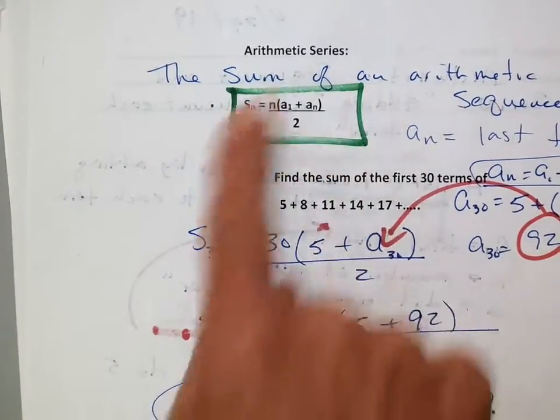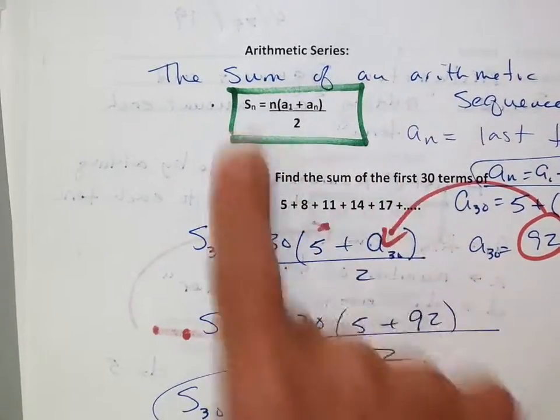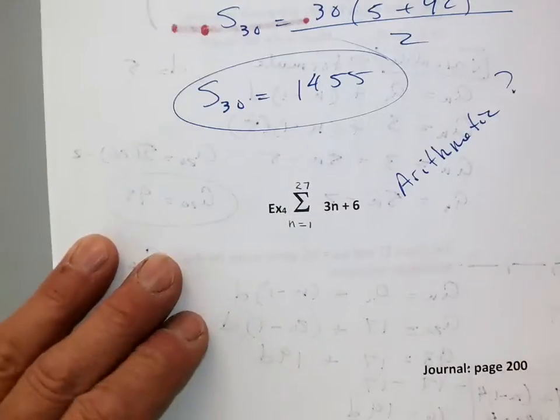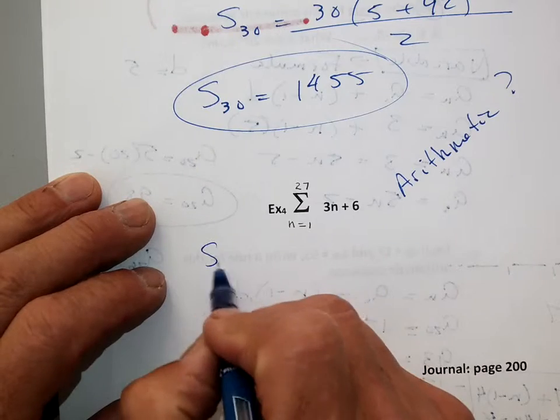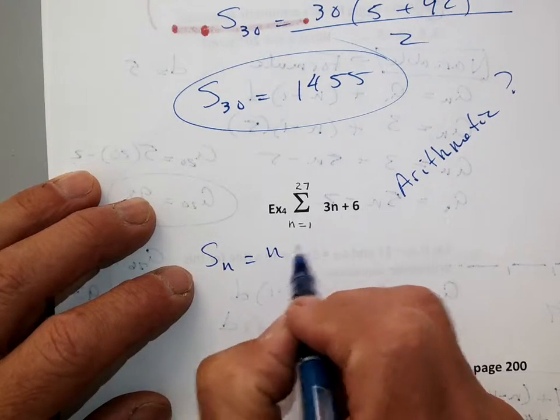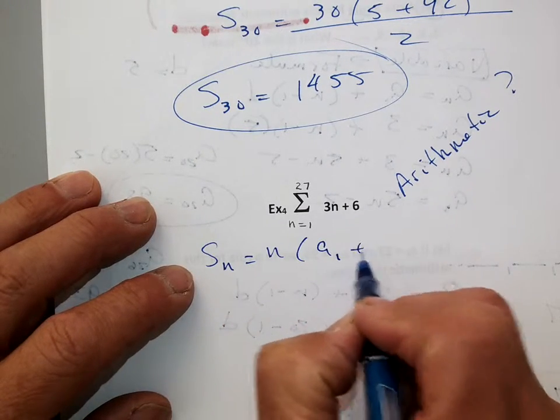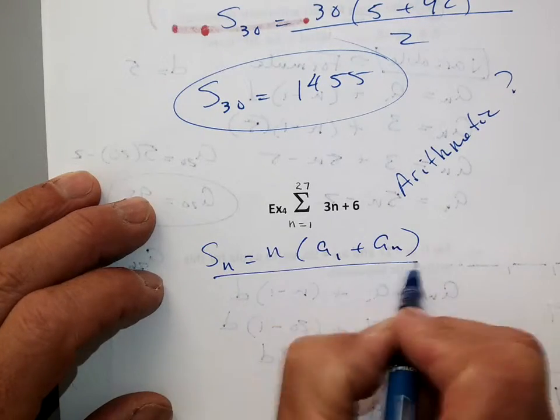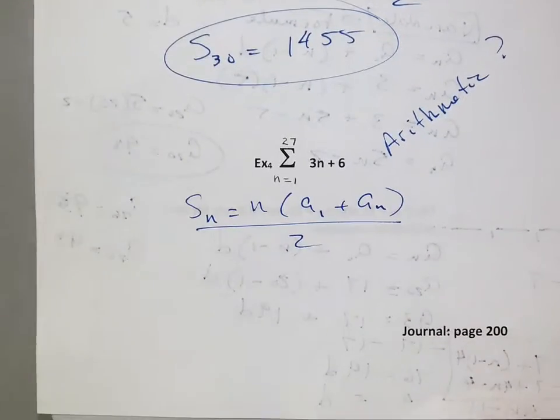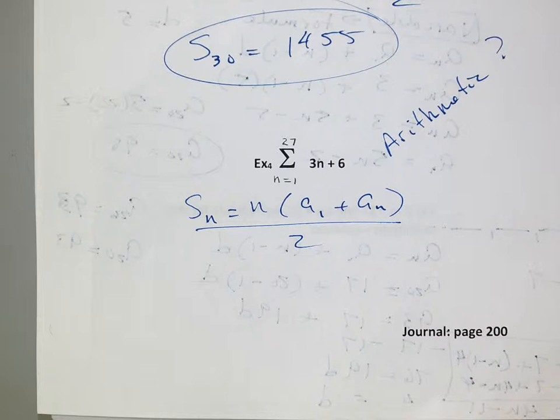If I'm going to add up an arithmetic series, I'm going to use my formula. So my formula is S of n equals n times A1 plus AN, divided by 2. That's my formula, but this one's actually easier than the one we did before because we have a formula. So S of 27, because there's 27 terms, right? Plug in 1, plug in 2, plug in 3.